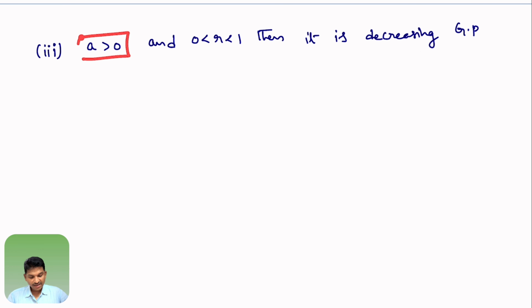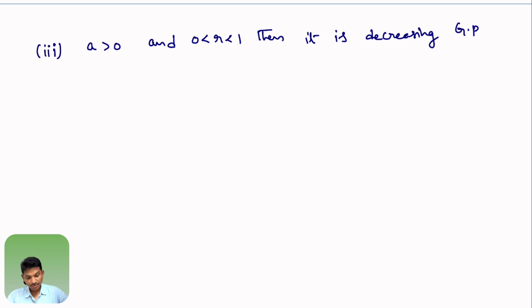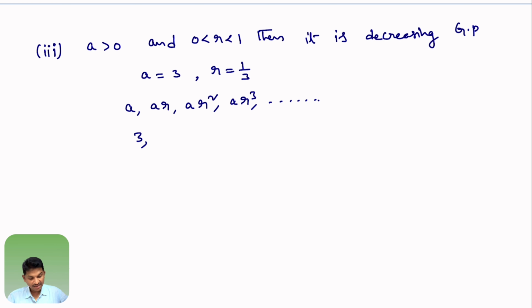If A is greater than 0 and R value lies in between 0 and 1, then it forms a decreasing geometric progression. We'll take one example. You take A is 3, R is 1 by 3. Substitute these values in the general pattern. 3. AR, multiply these two, you will get 1.